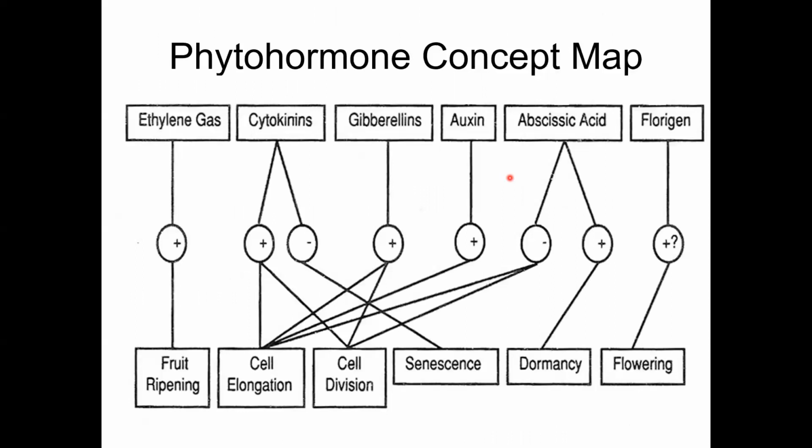Now, this is a phytohormone concept map, and it's not immediately obvious from this concept map, so I'm going to point out certain things. The first one is that more than one hormone may influence a single plant response.